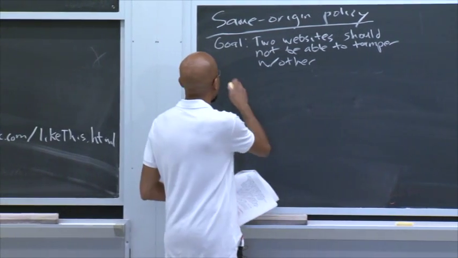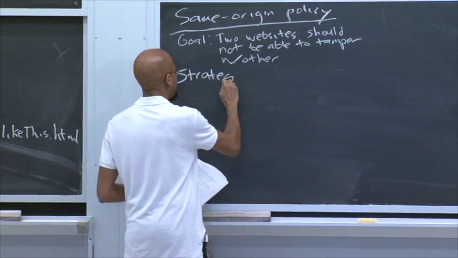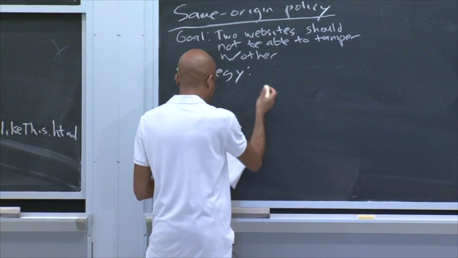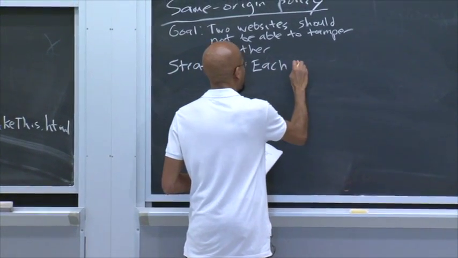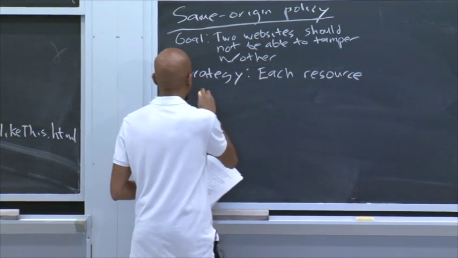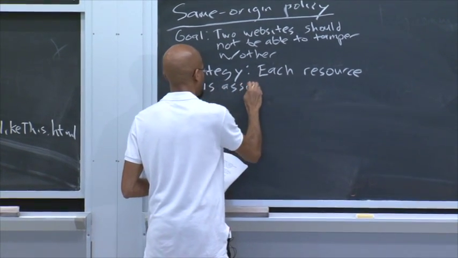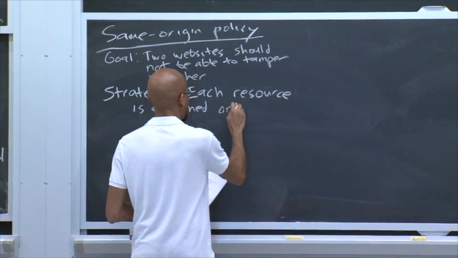So the strategy that the same origin policy uses can be roughly described as follows. Each resource is assigned an origin, which we'll discuss in a second.